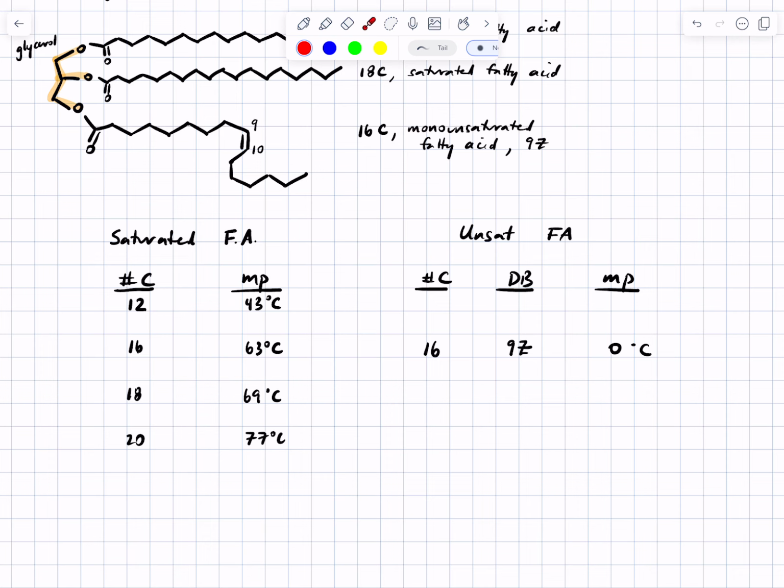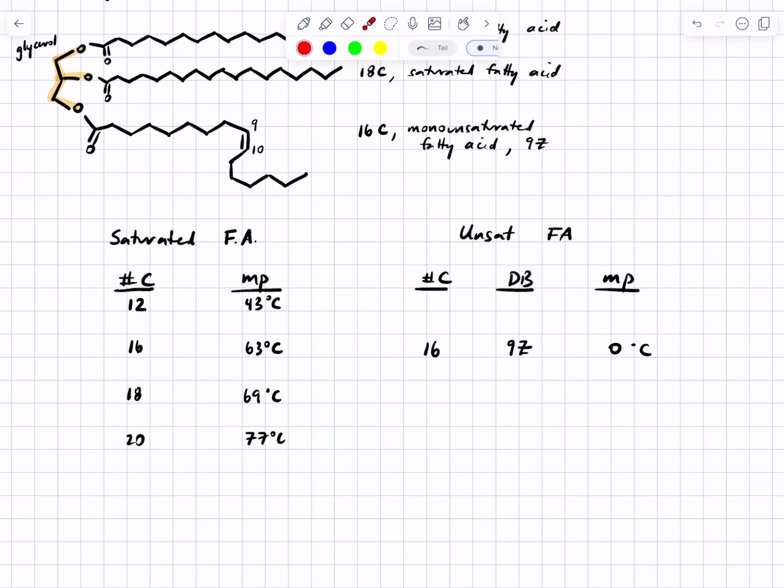Why is that? Well, the kink in the backbone of this hydrocarbon with this cis double bond prevents individual hydrocarbon chains from packing against each other as tightly. That decreases the amount of contact surface area that two similarly monounsaturated fatty acids can engage in with each other.